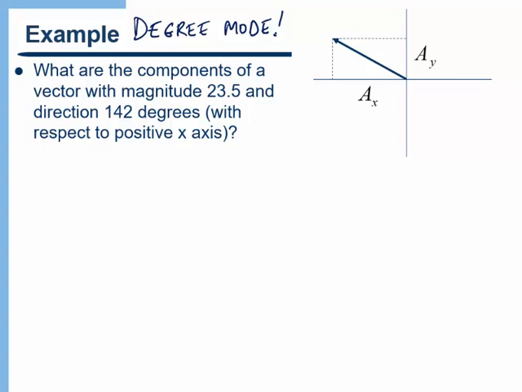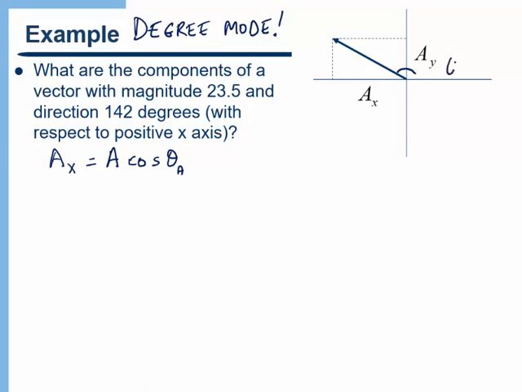The question is, what are the components of a vector with a magnitude of 23.5 and a direction of 142 degrees? We know that to find the x component of a vector, we just take the magnitude of the vector times the cosine of the angle.